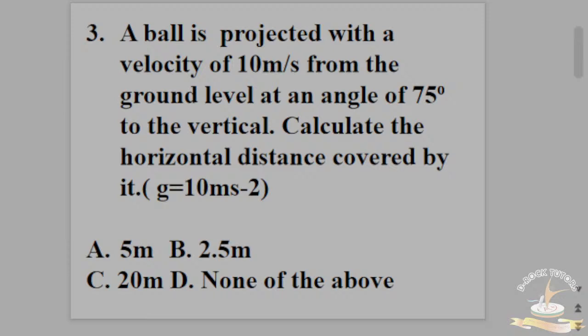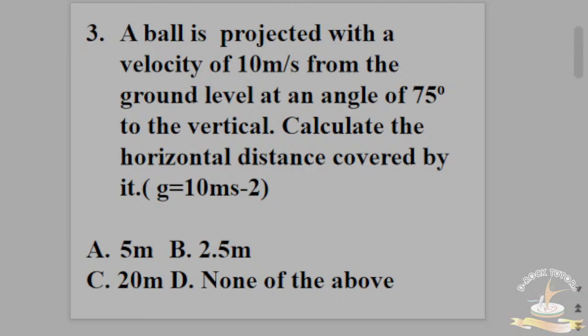So if we look at the board and we have our axis like this, a projectile always moves like this. The path that is followed by a projectile, we call it a trajectory, and the shape of a trajectory is always a parabola.